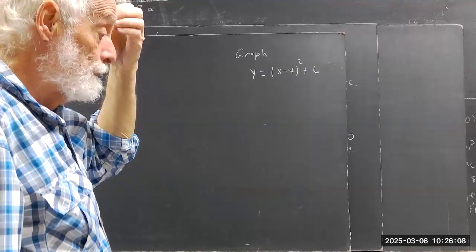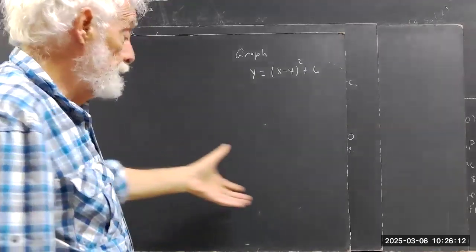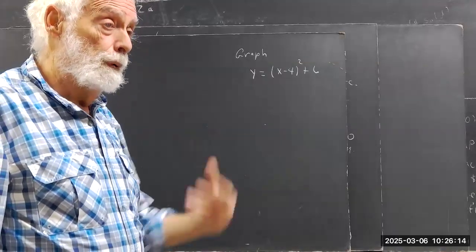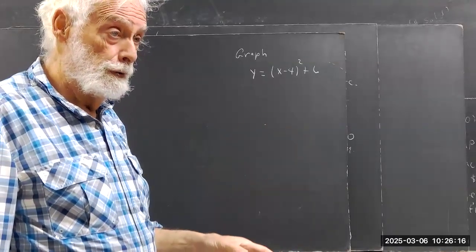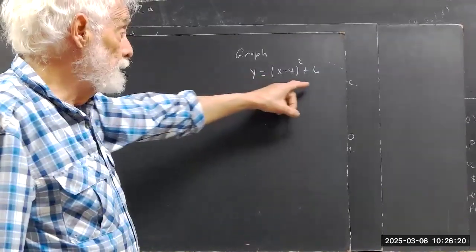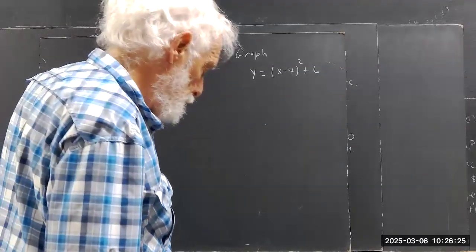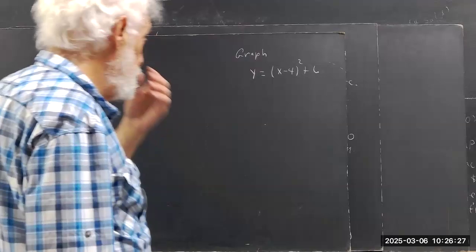How do you graph that? Well, you could use the method that we just did with a quadratic formula and all that stuff. Find the vertex, the intercepts, and all that stuff. You can find the intercepts as far as that goes. Okay. And open math is probably going to advise you to do that.